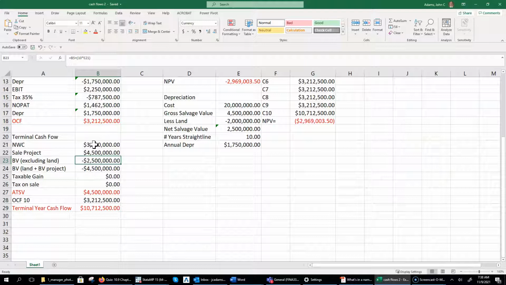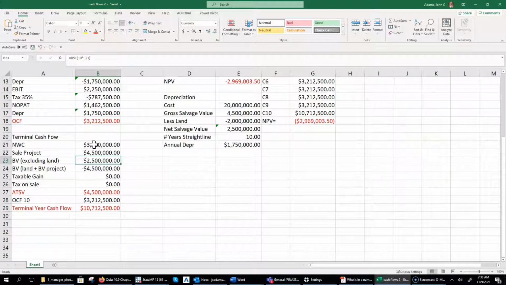What's the book value? Well, it's going to be that $20 million less the depreciation that we had accumulated so far. So we had 10 years of depreciation at $1.75 million per year. So $20 million less the $17.5 million.